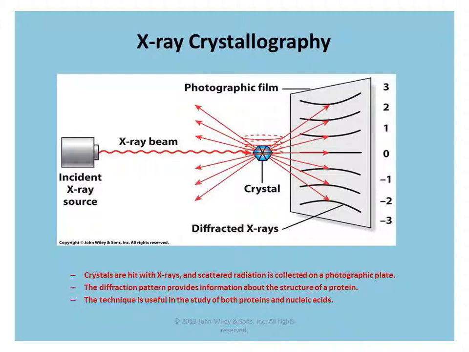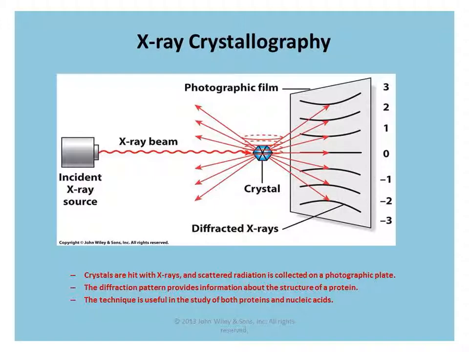X-ray crystallography is a method in which proteins first have to be purified, and then given certain conditions, salt concentration and buffer conditions, that force the proteins to form a crystal. And this crystal has to be what's called a perfect crystal. All the proteins have to be aligned perfectly with one another.